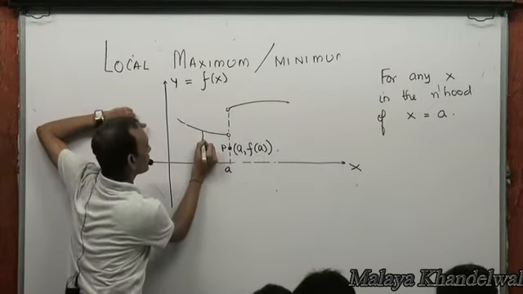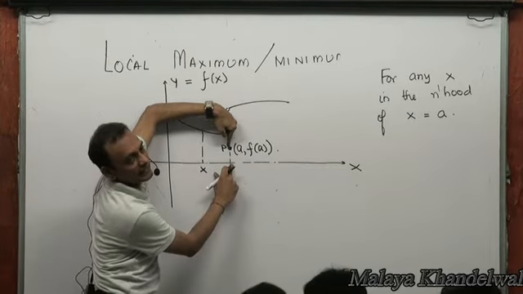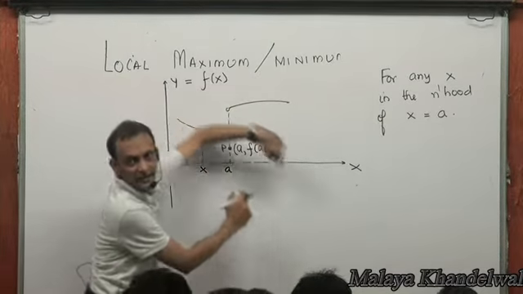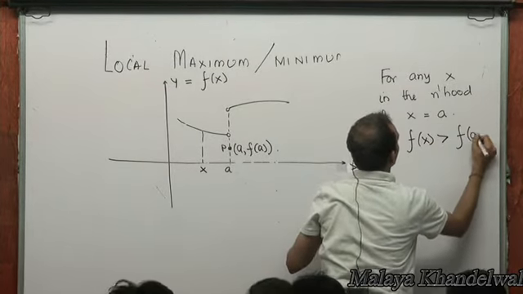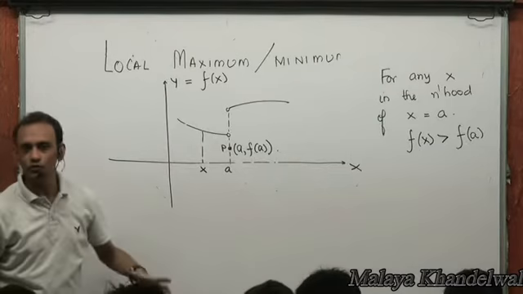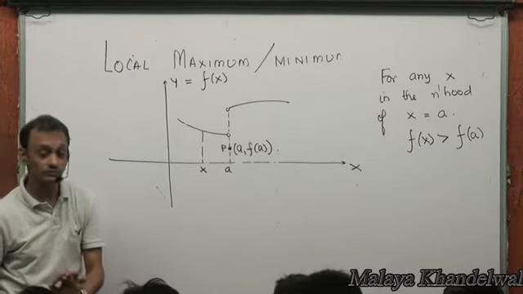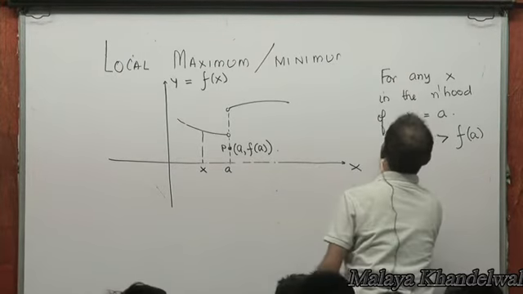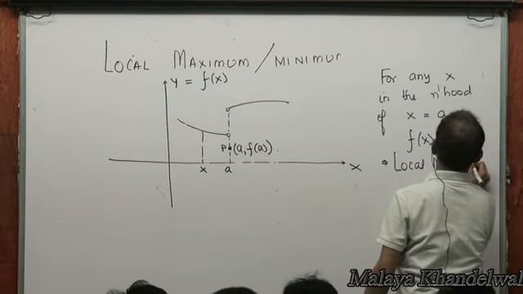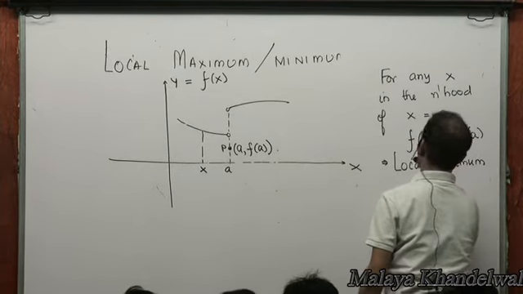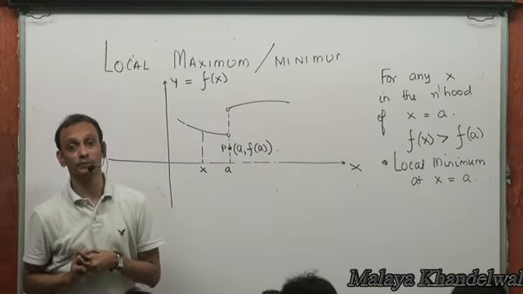This is x, this is f(x). f(x) will be larger than f(a), right? That means of all the ordinates in the neighborhood of x equal to a, f(a) is the smallest ordinate. So if that happens, then the function is said to have a local minimum at x equal to a.